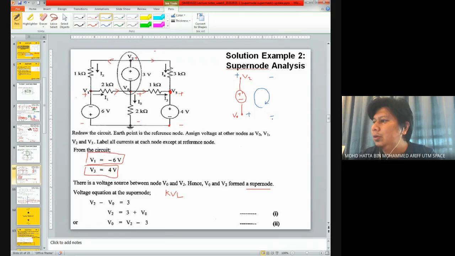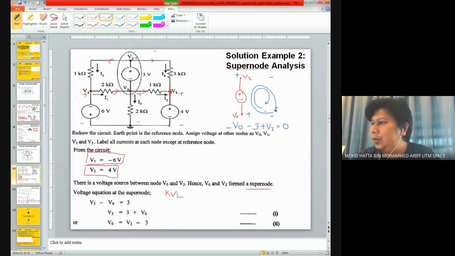If I start over here and go around the loop and return to the original spot, I would have negative VO minus 3 volts plus V2 equals 0 as my Kirchhoff voltage law around this loop.